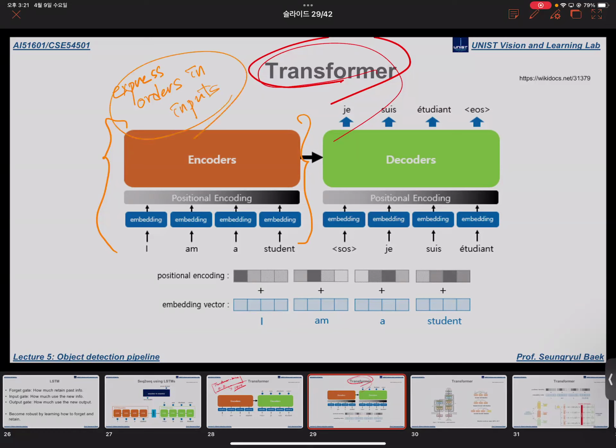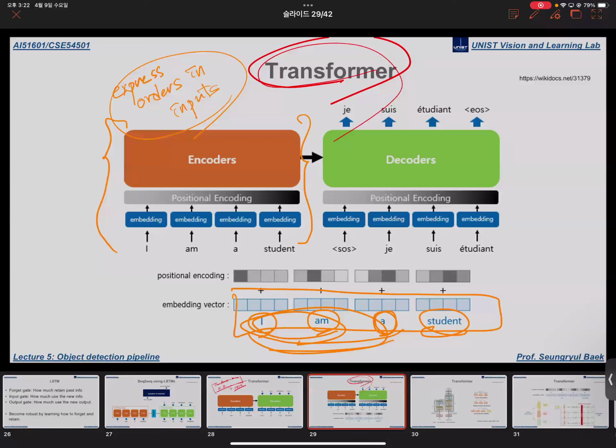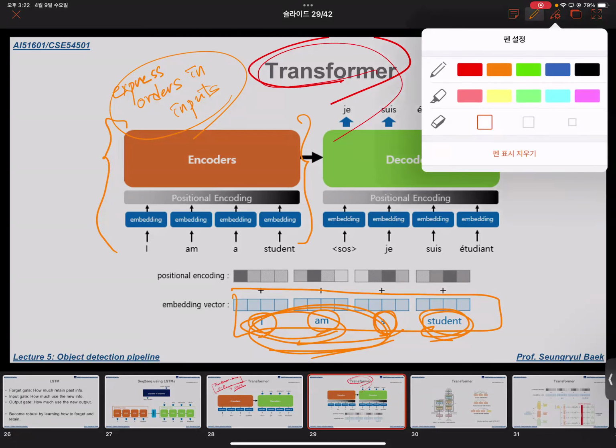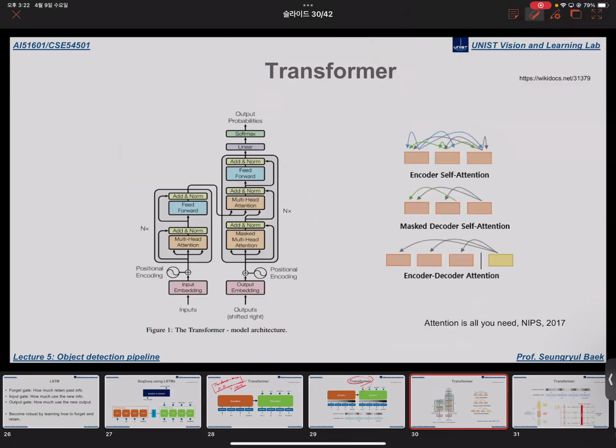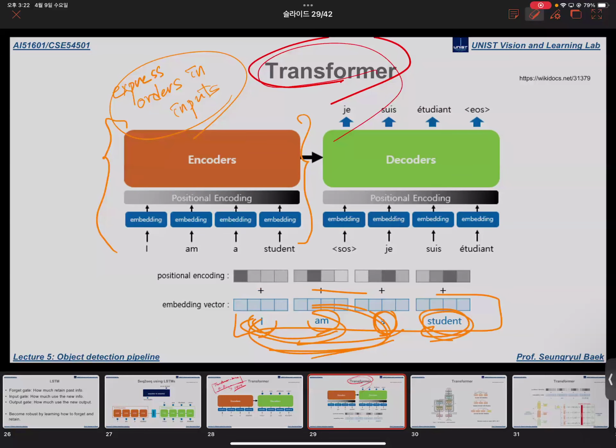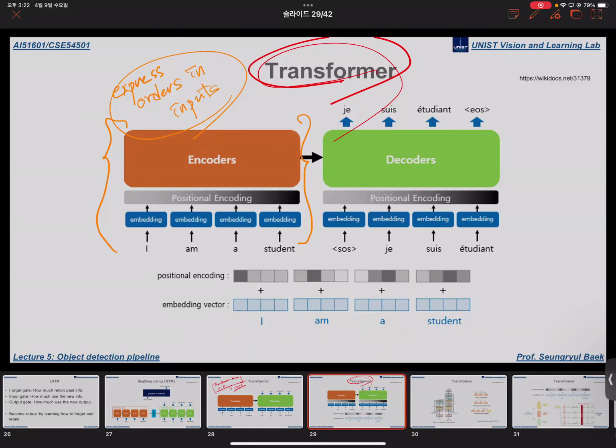So we have this kind of sequence data. I is before the M word, and I'm is before this A student, okay? But when implementing this encoder operation using the attention mechanism, it seems like there is some order here, right?